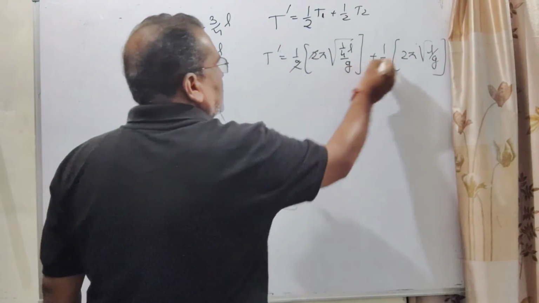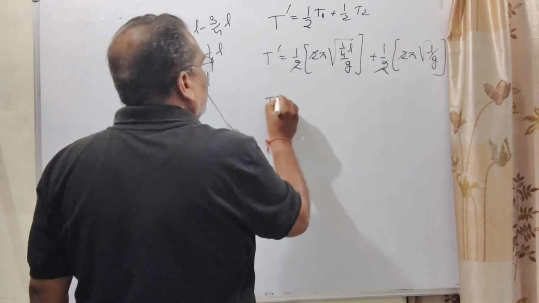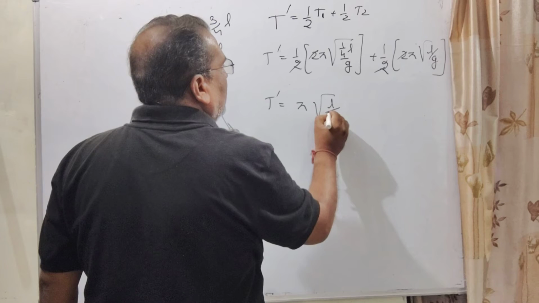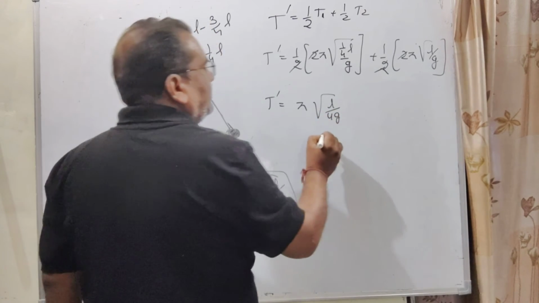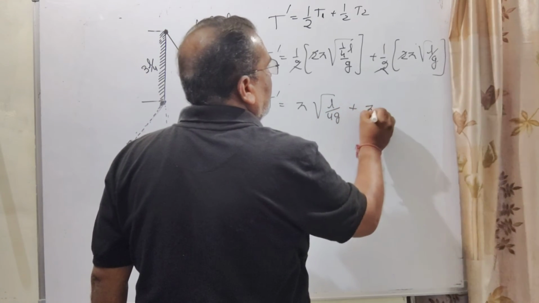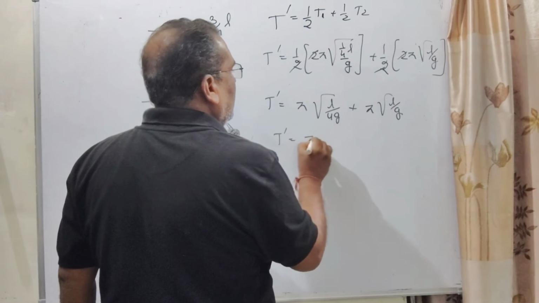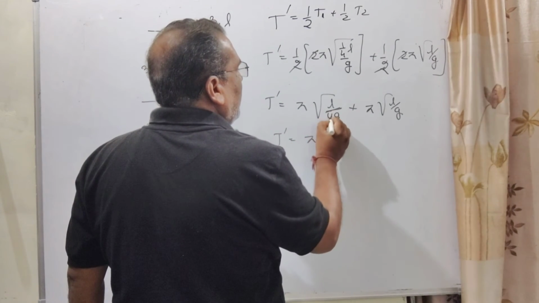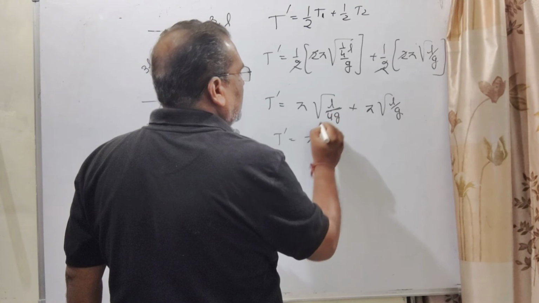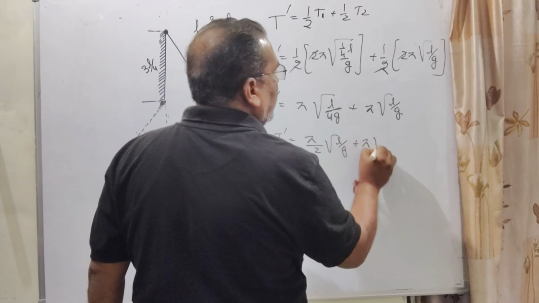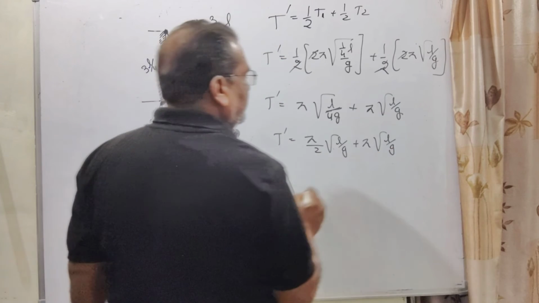These two cancel, these two cancel, T dash equals pi root L by 4g plus pi root L by g. Here 1 by 4 and its root is 1 by 2, so pi root L by g over 2, plus pi root L by g.